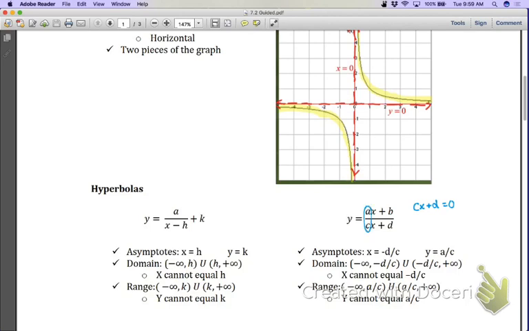Whatever's on top, whatever's on bottom, that is where your y-asymptote goes. That's where your horizontal asymptote will be. Your domain still runs from left to right, and it's going to jump that vertical asymptote. Your range is still going to come from the bottom up, and it's still going to jump that horizontal asymptote.